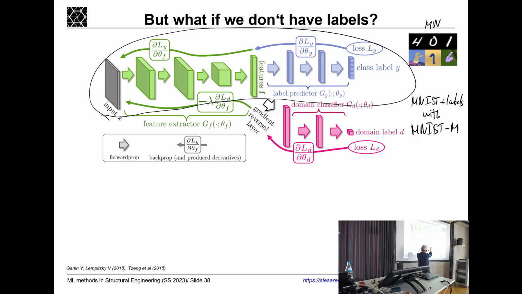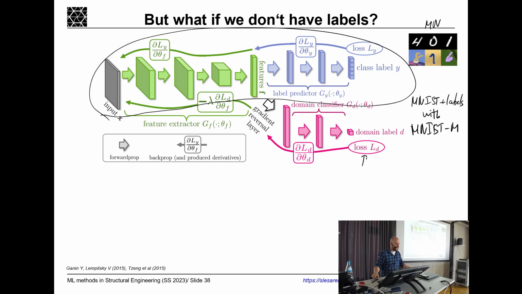You have an additional thing, and an additional loss function. At the top, you have the loss that we are familiar with, probably some sort of cross entropy, binary cross entropy or softmax. What the bottom part of this neural network does is try to learn which domain your image belongs to: MNIST or MNIST-M.